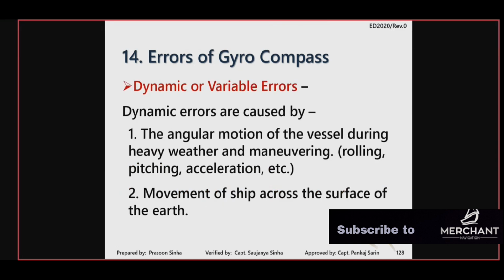Next one is dynamic or variable errors. The reasons for that is on your screen. See that you're understanding both the reasons, what it is saying, why the variable errors take place. Is it clear?